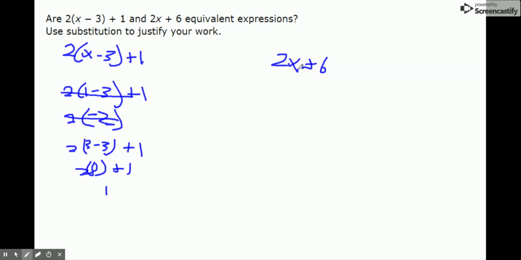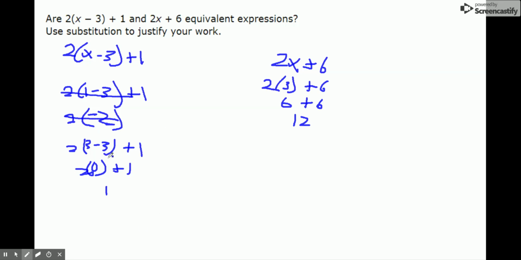Over here, 2x plus 6. If I put a 3 in here, 2 times 3 is 6, plus 6 is 12. So these don't look like they're equal.